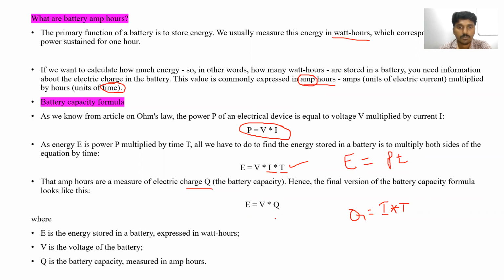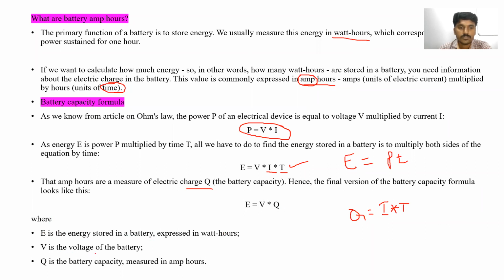So what is the formula for finding the electrical energy in a battery? E is equal to V into Q, where Q is the electric charge, that is I into T. The energy stored in the battery is expressed in watt hours.